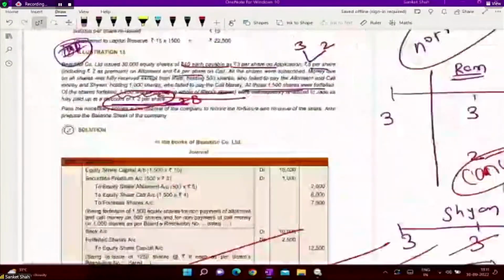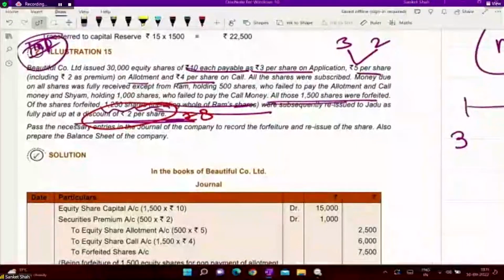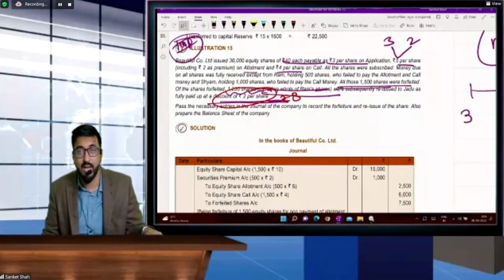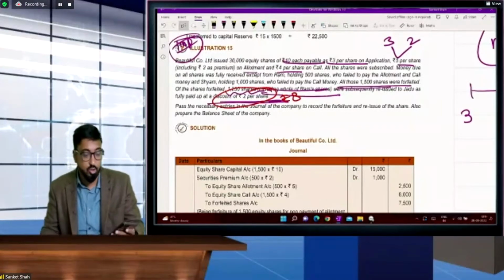So beta, this is illustration number 15. Revise it properly. Once you revise it well, you will understand. It's not at all difficult. Solve illustration number 16.